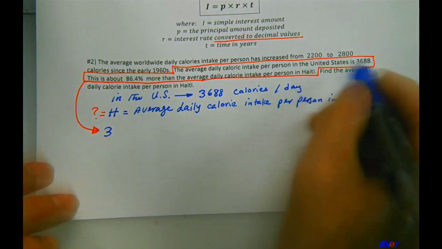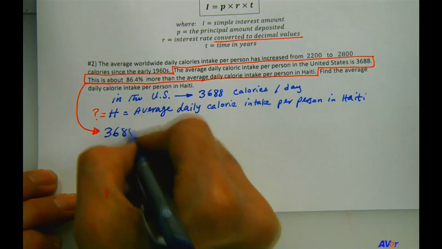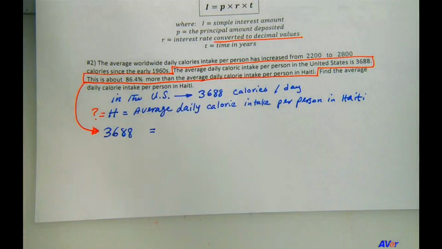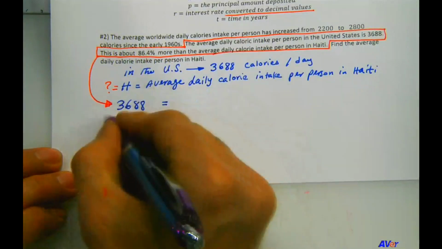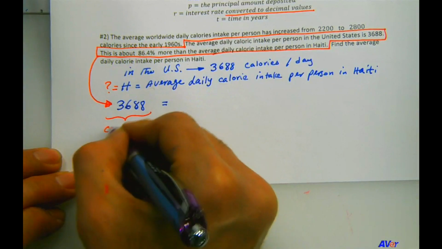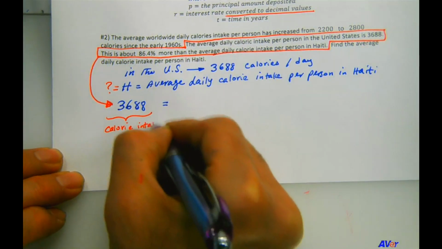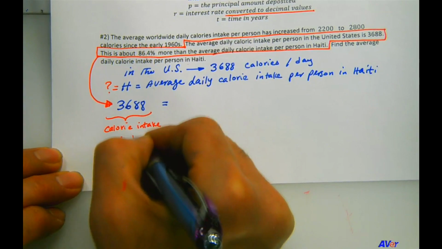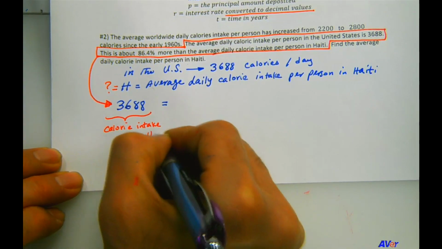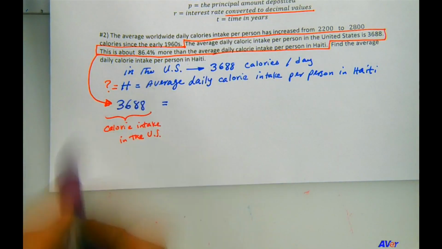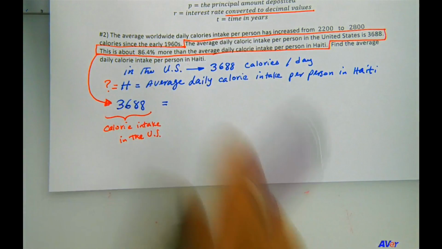So we have 3,688, and this is the calorie intake in the US, average, right? Average intake, calorie intake. Some people consume less, some people consume more, but that's the average.